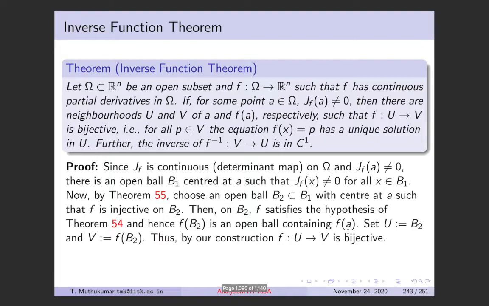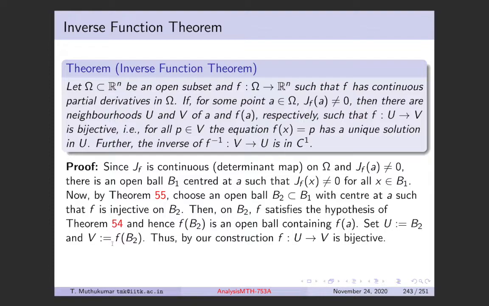So now we have to find a U and V on which f is a bijection, right? We set this B2 that we have obtained as our U, and we set V to be the image of B2.